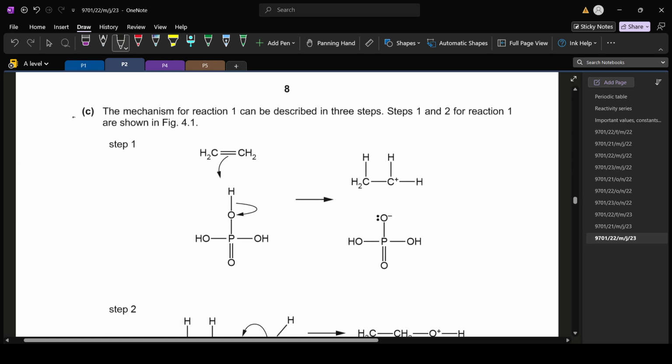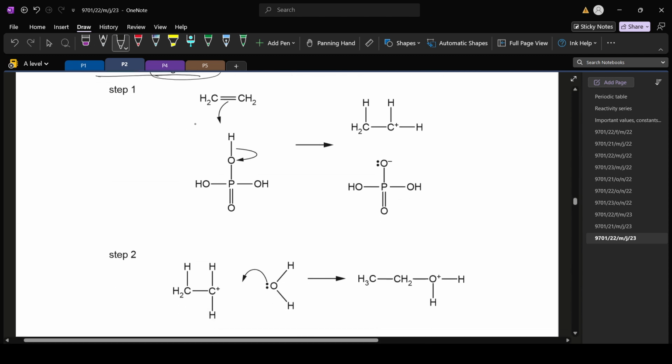Now, part C, the mechanism of the reaction 1 can be described in 3 steps. Step 1 and step 2 for the reaction 1 are shown in figure 4.1. Firstly, this ethene molecule reacts with the catalyst H3PO4, phosphoric acid.